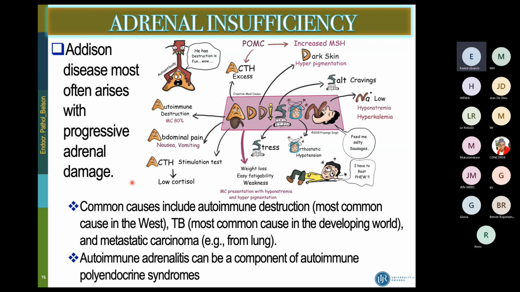So autoimmune adrenalitis can be a component of autoimmune polyendocrine syndrome. So no kuvuga hari abantu bagira autoimmune disease by which all their endocrine organs can be affected or attacked by autoantibodies.